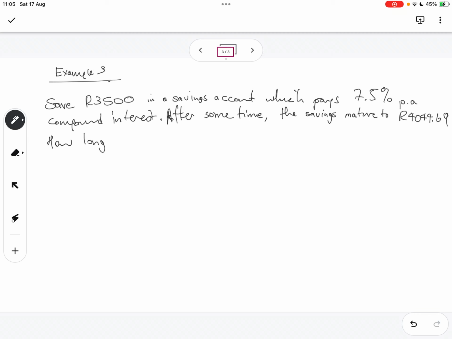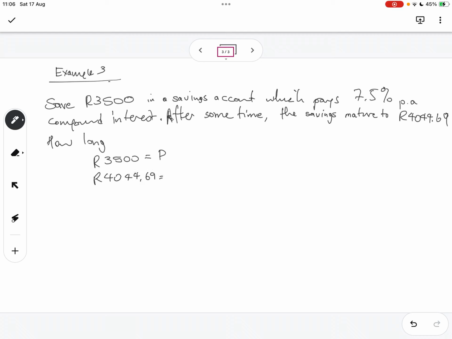So here we will need to again use compound interest, but let's just state for now the things that we know. So 3,500, is that the principal or final amount? The principal, because it's what was initially saved. That's correct.